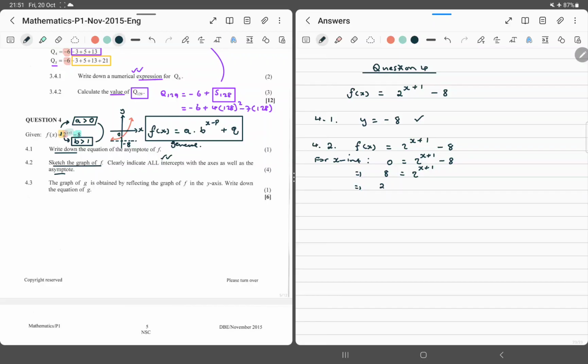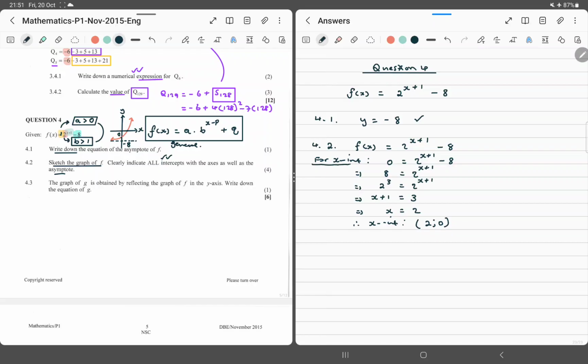So this is 2 cubed is equal to 2 to the x plus 1. Same bases, we simply equate exponents, and then I just rearrange. This implies that x is 2. Therefore, my x-intercept is (2, 0).